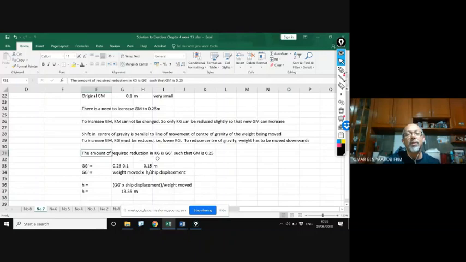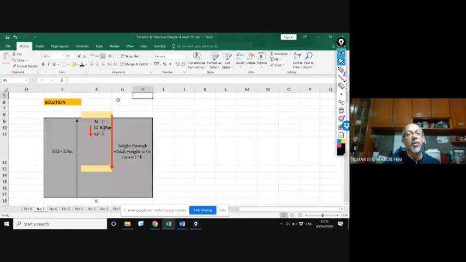The movement required is GG dash. So that finally the GM, this is G dash M, is 0.25. So GG dash is 0.25 minus 0.1, which is 0.15. I've shown that one. 0.15 is the difference between 0.25 and 0.1 here.